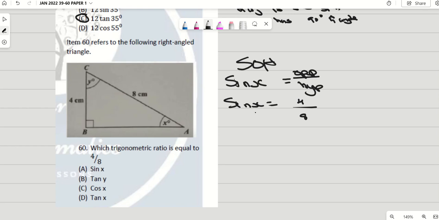So we see that sine x is actually 4 over 8, so your answer is E. And that is how I would do this question instead of going through it by angle. I would just use the answers to answer this question. And that is the end of January 2022, numbers 39 to 60.